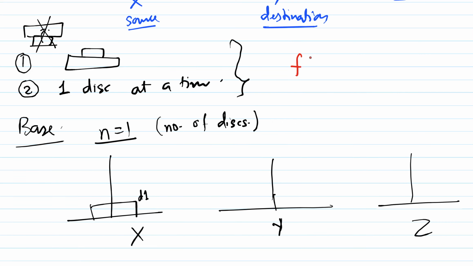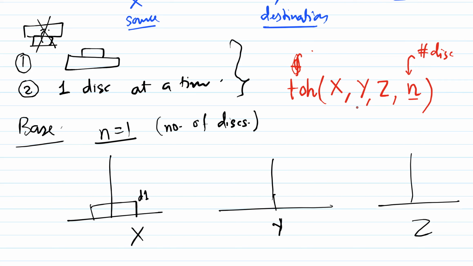We have F, or let's call it Tower of Hanoi. The first one is the source, the second one is the destination, and the third one is the extra tower that we are given. And we have N. N is the number of disks. So this is the function signature.